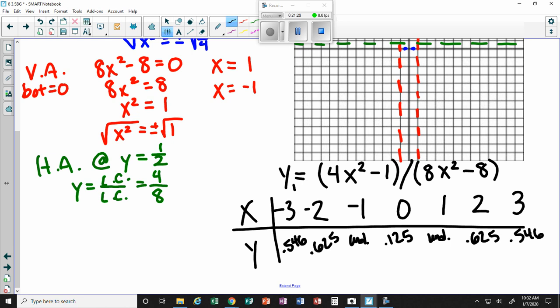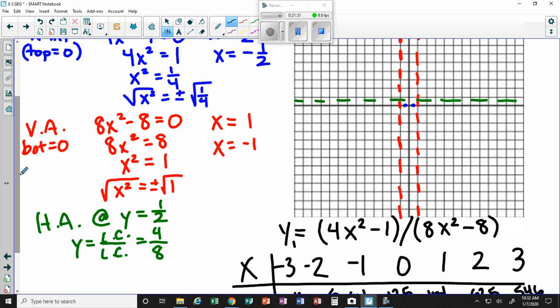So let's plot all those. -3 is at 0.54, so it's just above the asymptote at 0.5. Then at -2, I'm at 0.6, so it's not much further up. They didn't give you a very big graph on this, but I know what it should do.